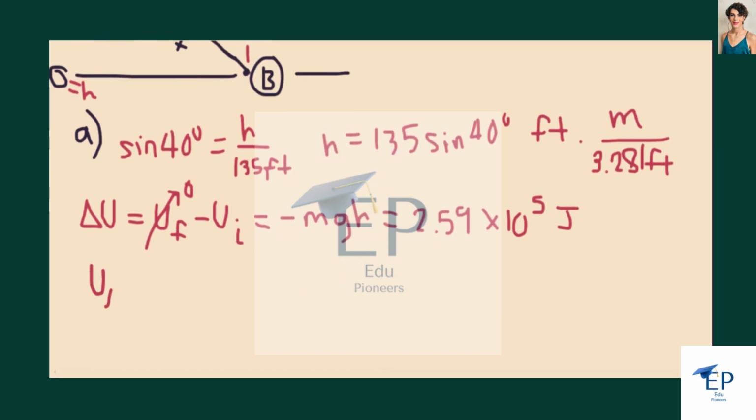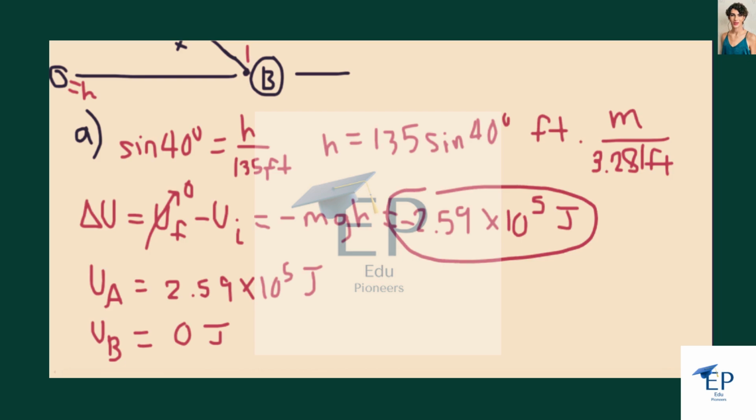So potential energy at A was, if this is the change, would be negative, by the way. At point A, it's going to be 2.59 times 10 to the fifth joules. The potential energy at point B is nothing from where we set 0 to be. And then the change in potential energy is going to be negative because it goes from 2.59 times 10 to the fifth power down to 0.